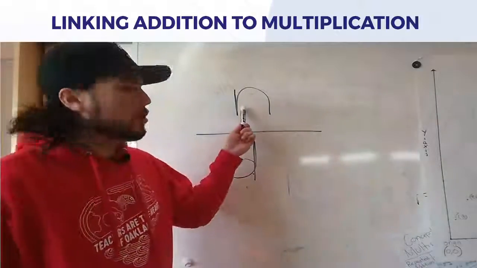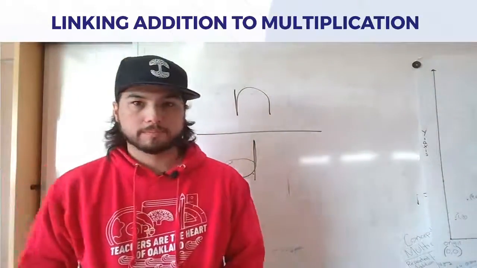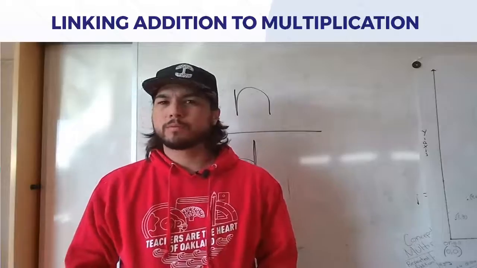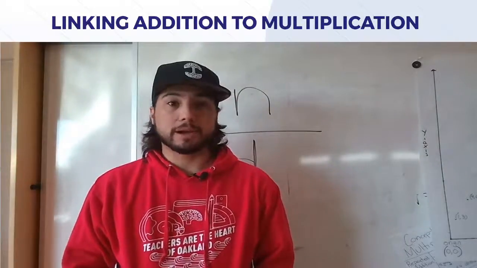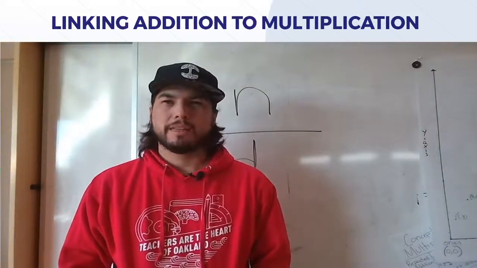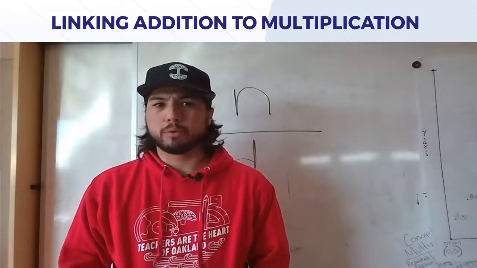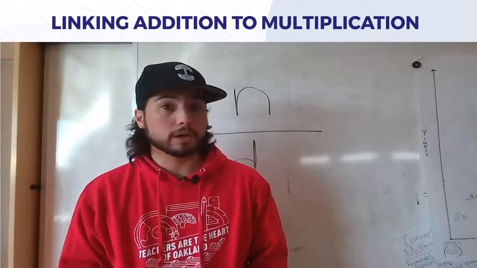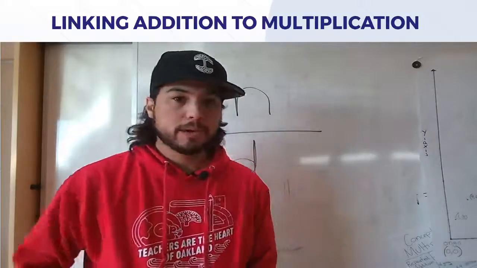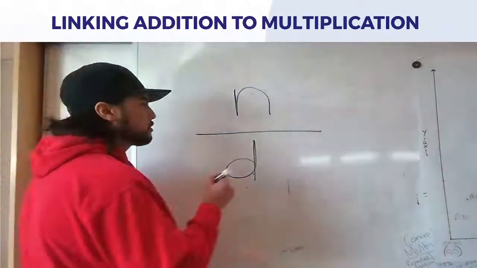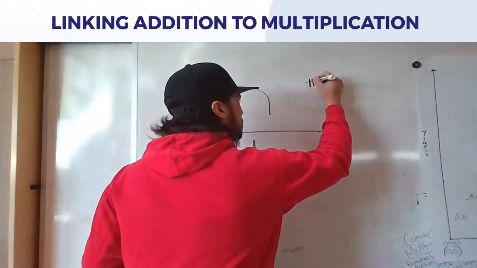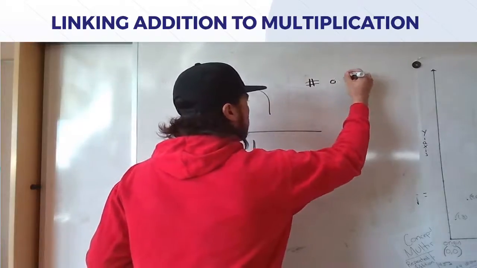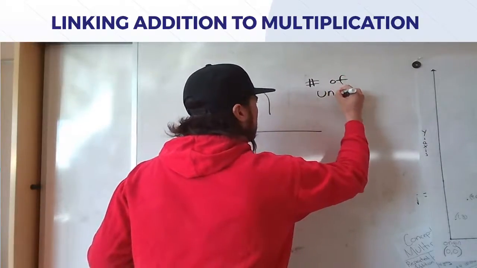And our numerator on top, when we're thinking about multiplying a fraction by a whole number, is going to be the important bit and the bit that we're going to be working with most directly, because the numerator refers to the number of units.